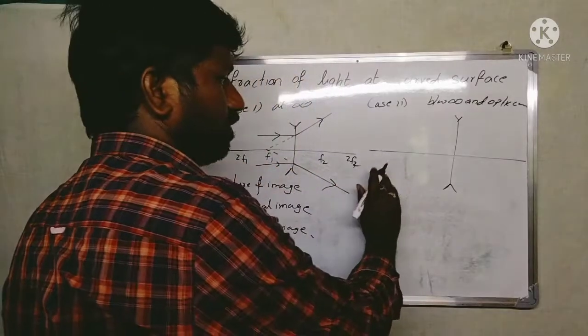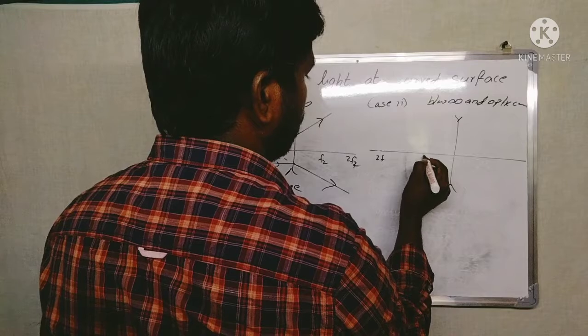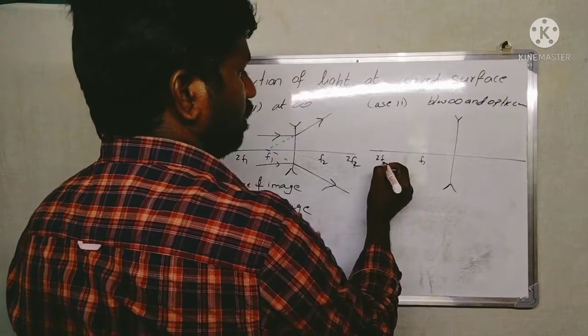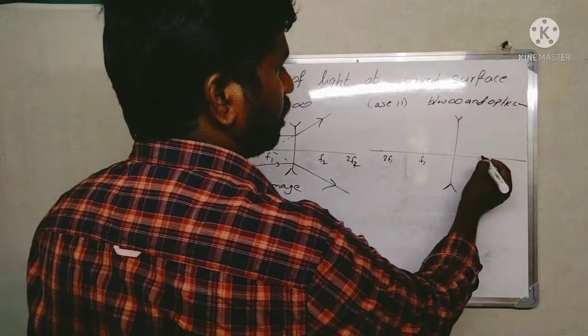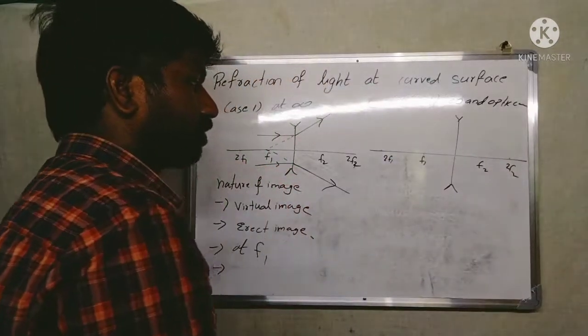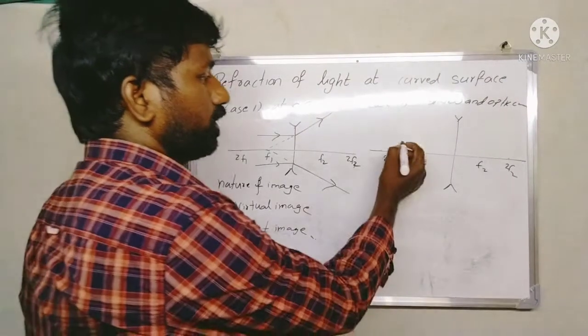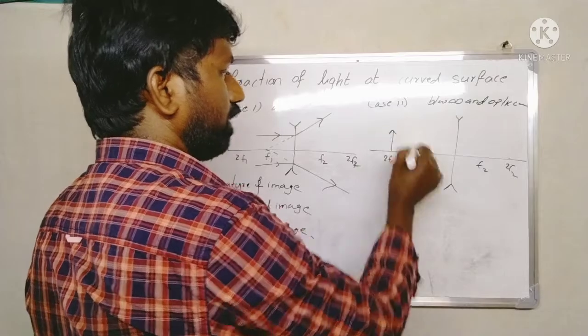That is not enough here for this one. Just simply 2F1 is enough. Okay, better we'll keep 2F1 and this is F2, 2F2. Now we are keeping the object between those two, somewhere. I just simply kept it here.